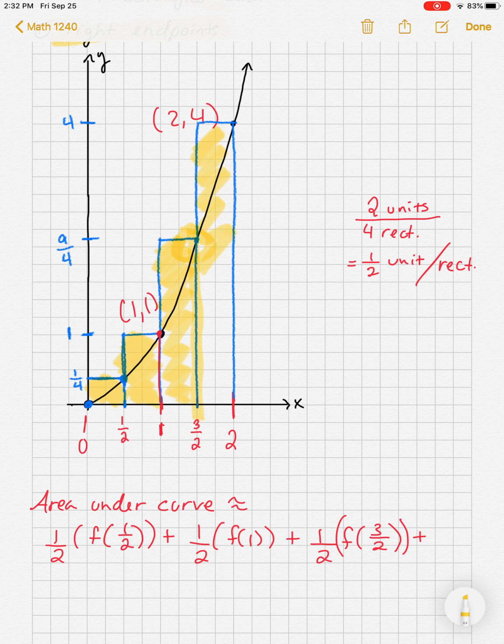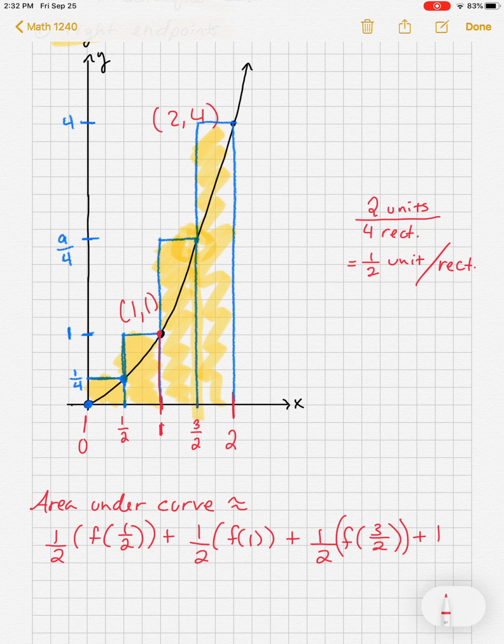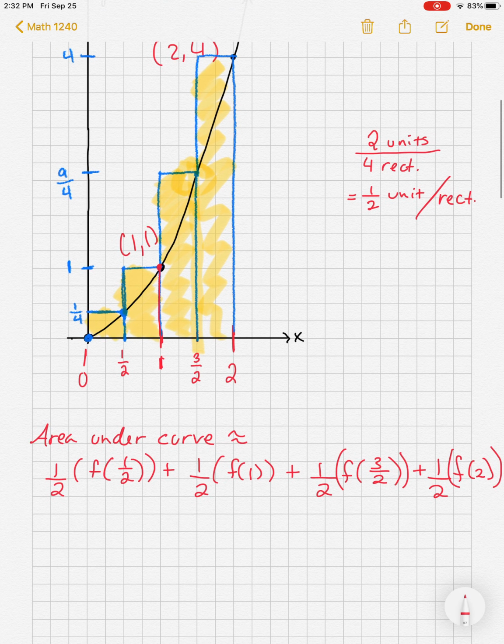Then the last rectangle, its length is still a half, and its height would be f of 2. So that's writing the thing kind of formally, but we already found these values.